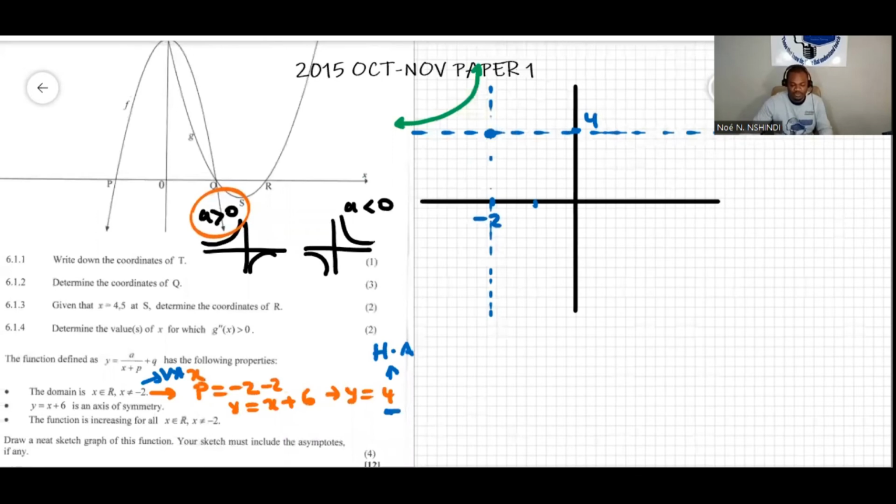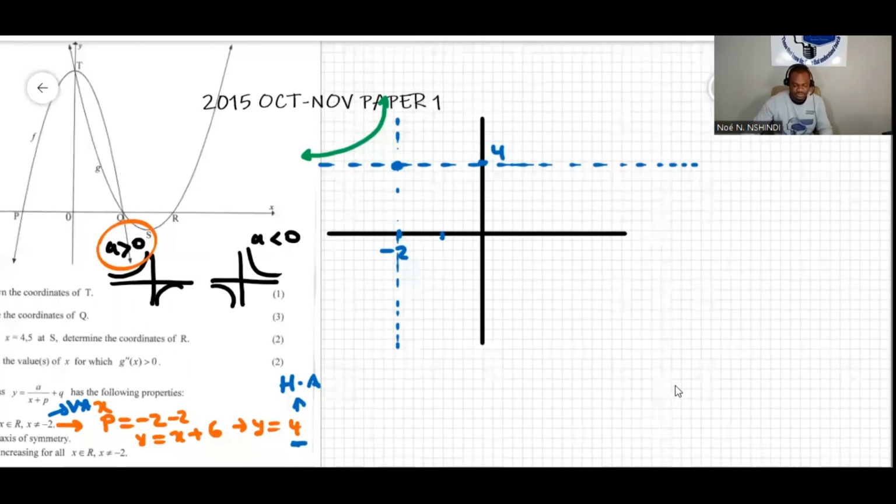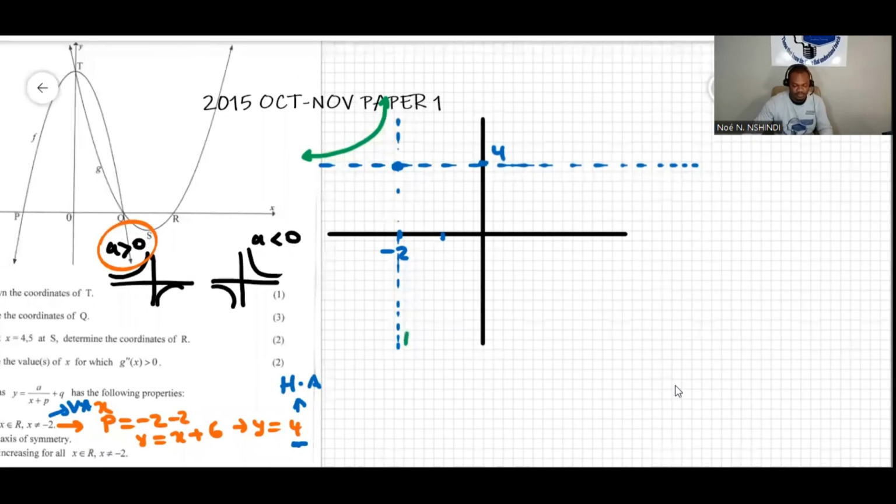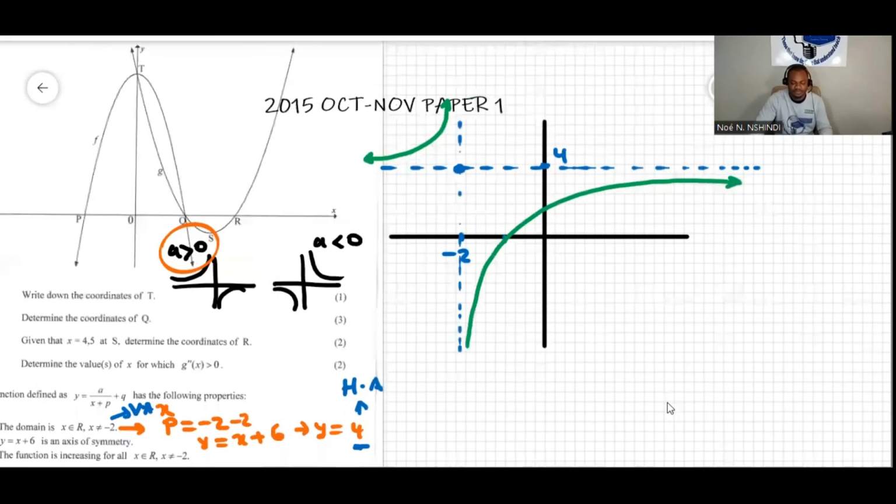So over here also the function will be increasing. So it goes like that, and then down there. Not exactly that, it's rather this way. Let me just move. It's supposed to be like that. That's the graph of f following the given properties.